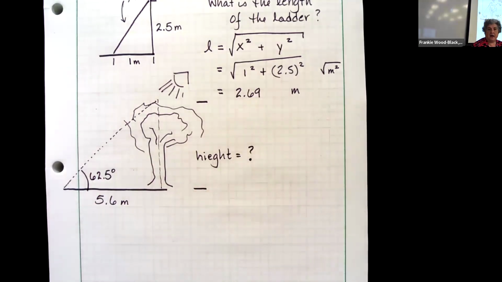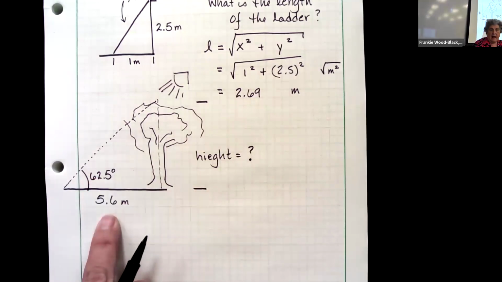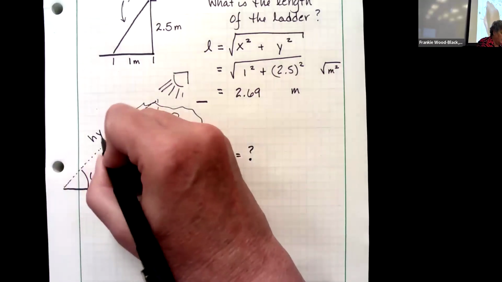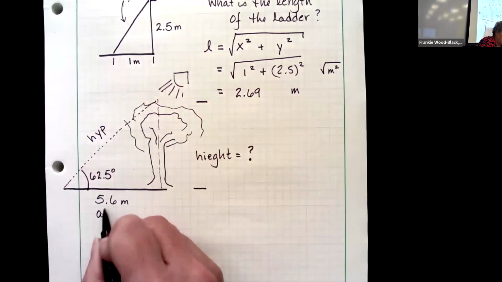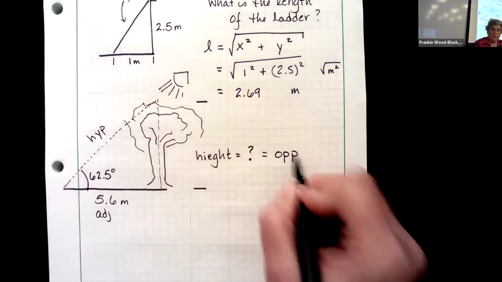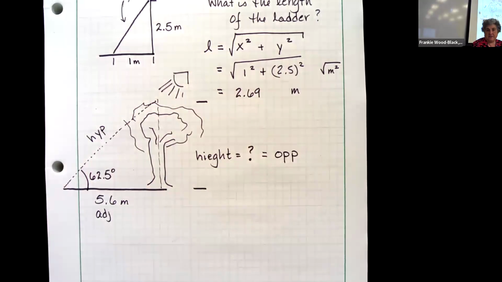Okay, I want to know the height of the tree. But that's what we've got. So I've got an angle and I have my distance. Remember, this would be the hypotenuse, this is going to be the adjacent, this is going to be the opposite. So I want to solve for opposite.